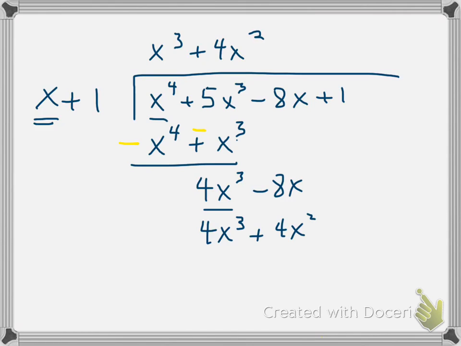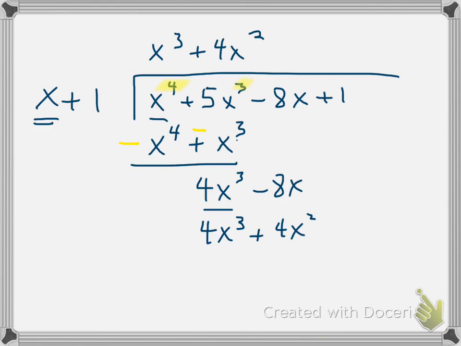And we got a problem there, don't we? What's our problem? Negative 8x and 4x squared are not like terms. Okay? And that's where the mistake is, and I told you guys I was making a mistake. Anytime you have a missing power, like we go from x to the fourth to x cubed, we're missing an x squared.